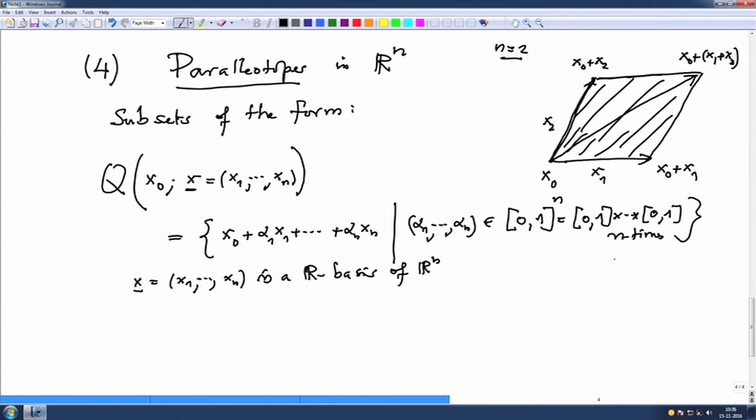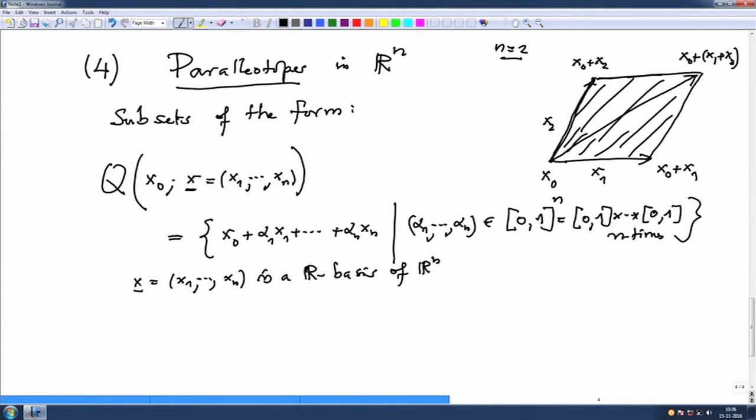In that case, it will be a degenerate case, and the volume will be 0. So, we are not interested in computing 0 volume, there is nothing to compute. This is a parallelotope, and we are interested in using the determinant function to compute the volume of these parallelotopes. That is the connection between the measure theory and the determinant function.